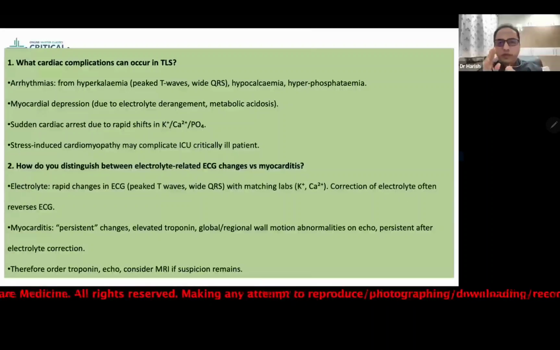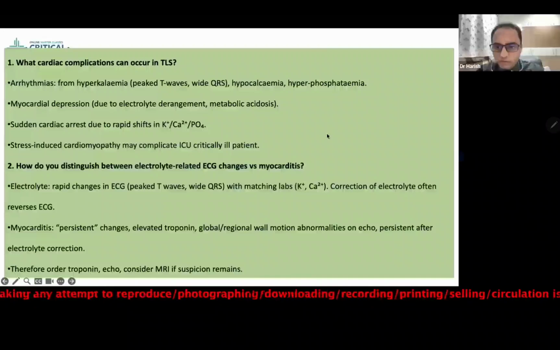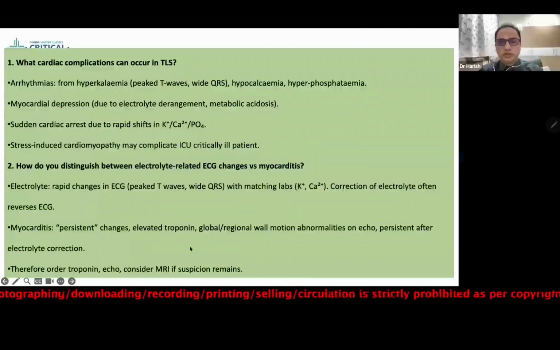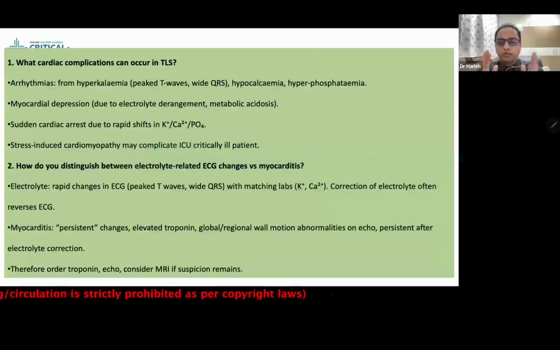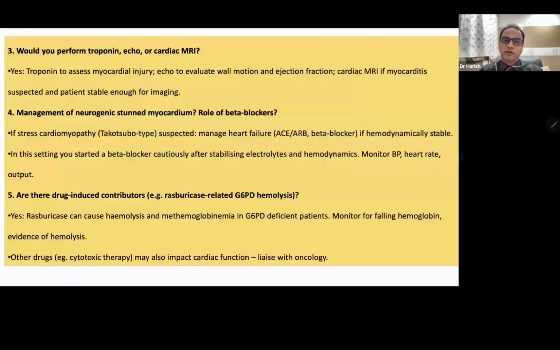That is how we can differentiate that it is because of electrolyte-related ECG changes, not myocarditis. Myocarditis has persistent changes, with elevated troponin, global or regional wall motion abnormalities on echo, sometimes persistent even after electrolyte correction. Later we might need to perform an echo or cardiac MRI if you have a suspicion and it is still not clarified.